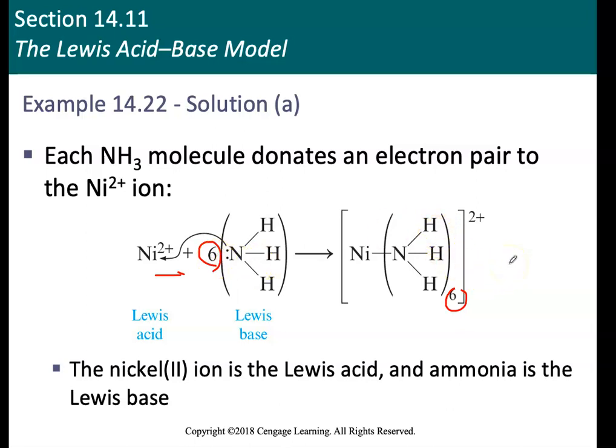You already know what an octahedral complex is. It has 6 bonds to the central atom, and it forms that octahedral structure, which is very energy favored. So that's why you see the 6 as the number of molecules that attach to the metal ion.